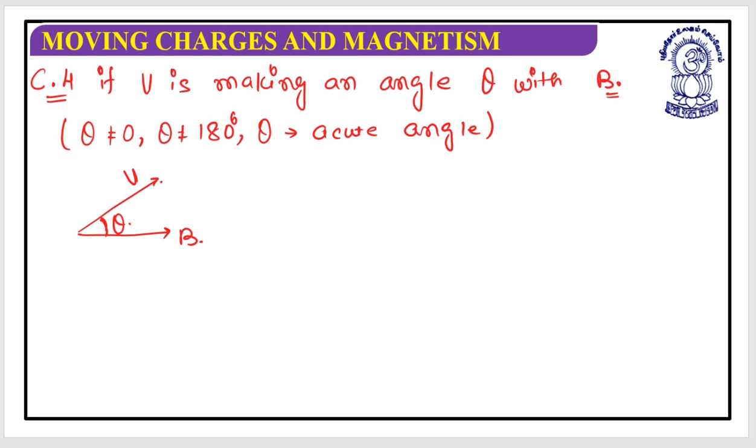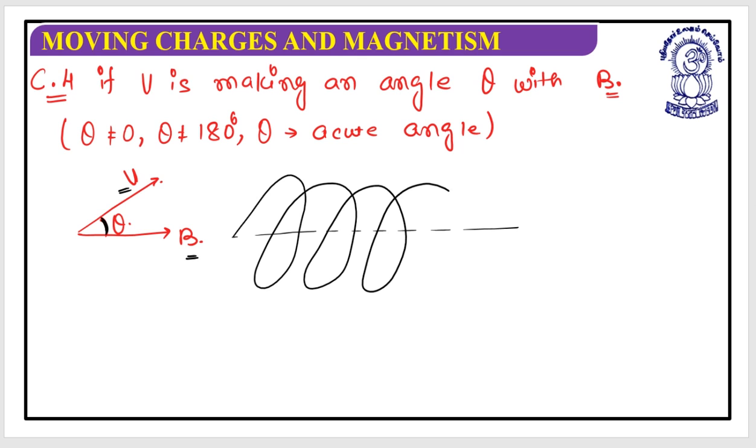When B and V have an angle theta between them, my charged particle will move like this. This is the helical path. If I take any one of the circles, technically it should be called a helix. It will follow a helical path.